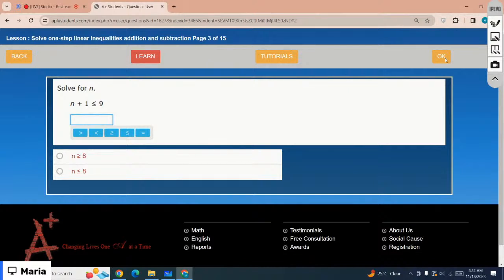Yes, the correct option is n is less than or equal to 8. Very good. Option 2 is the correct option.